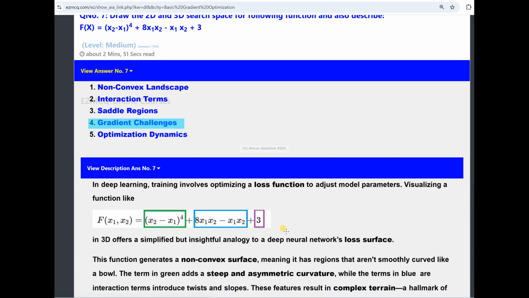So finally, we end with the optimization dynamics. So what are optimization dynamics? This is the trajectory of the optimization on the loss function surface. As we can see, let's go to that picture.